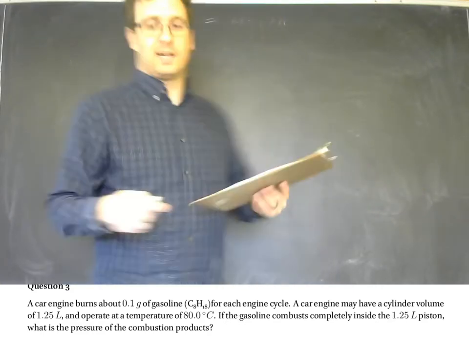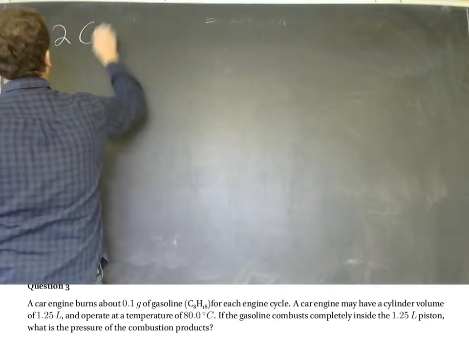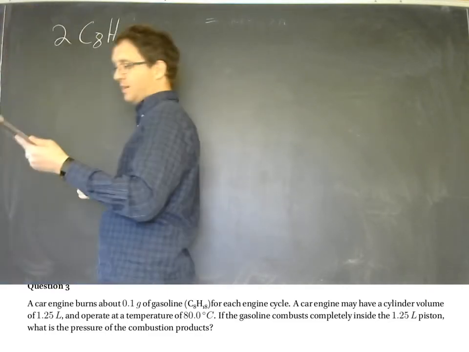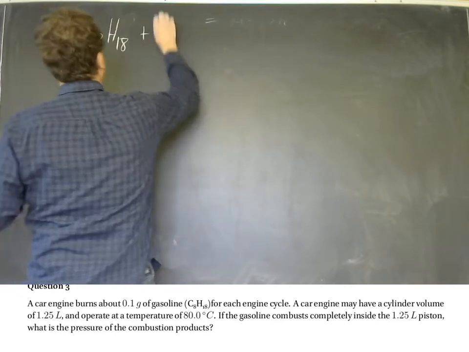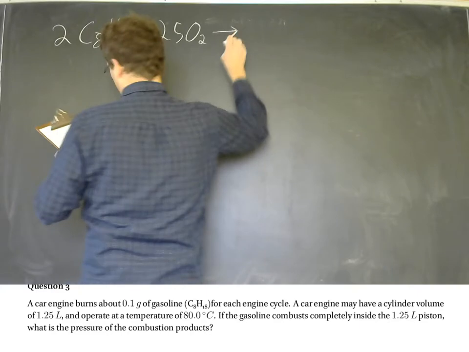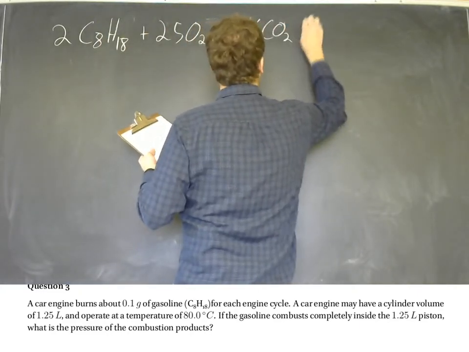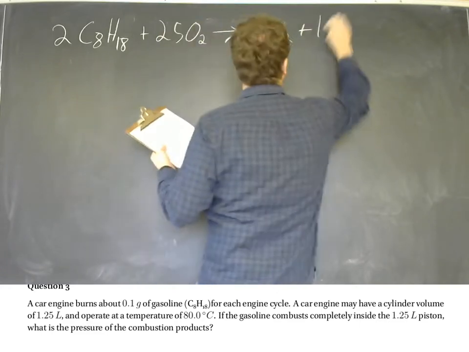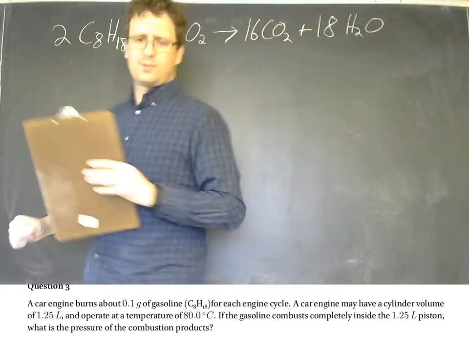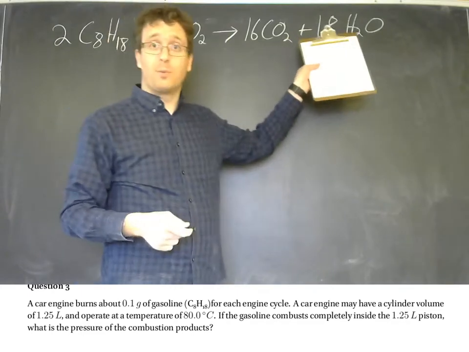Of course, that's an old topic, so I'll just give it to you. 2 C8H18, that is the octane, plus 25 O2 is going to produce 16 CO2 plus 18 H2O. And at least within the car engine, that water will be water vapor.